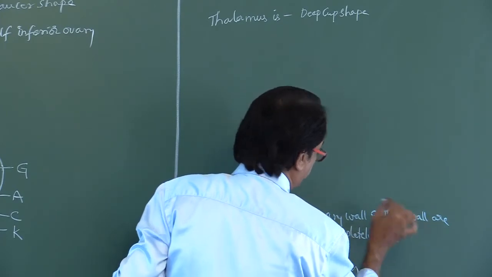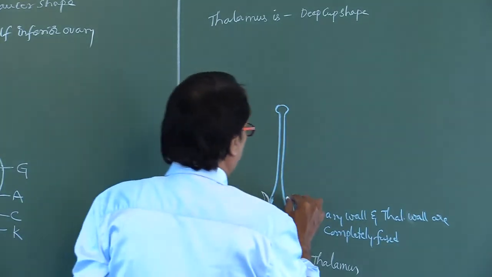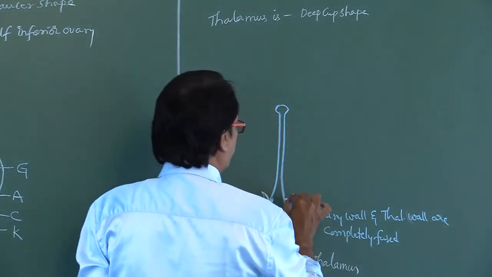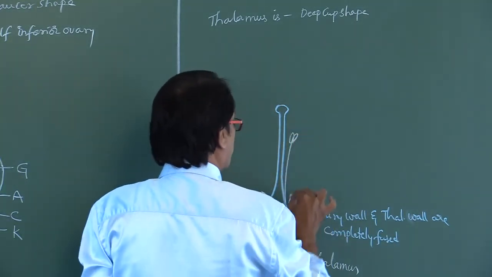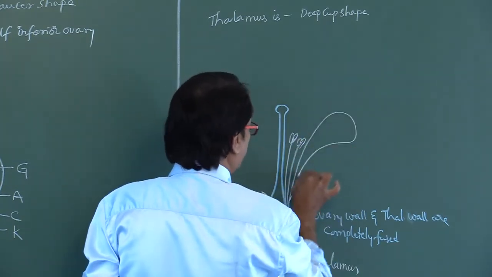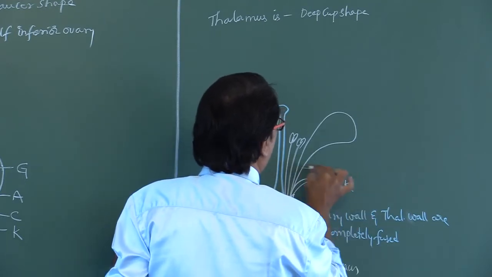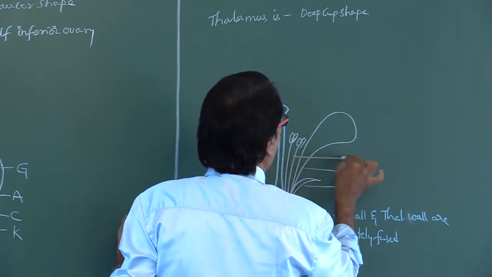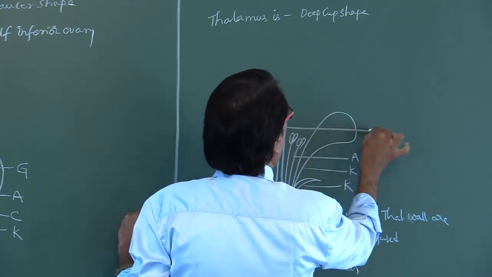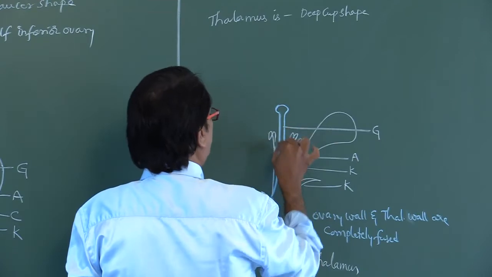Completely fused, and remaining floral parts are present above the ovary. This is the stamens. This is calyx, corolla, androecium, gynoecium. Here also stamens.